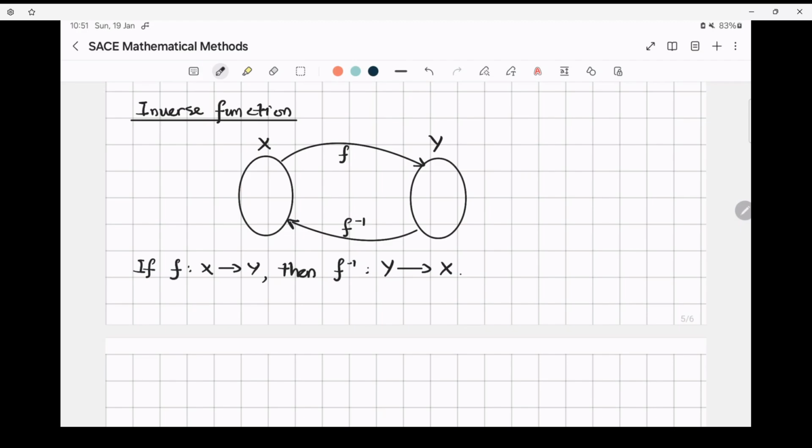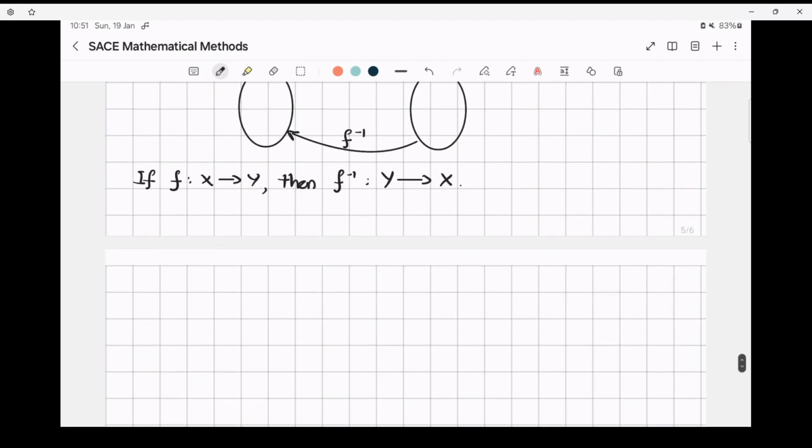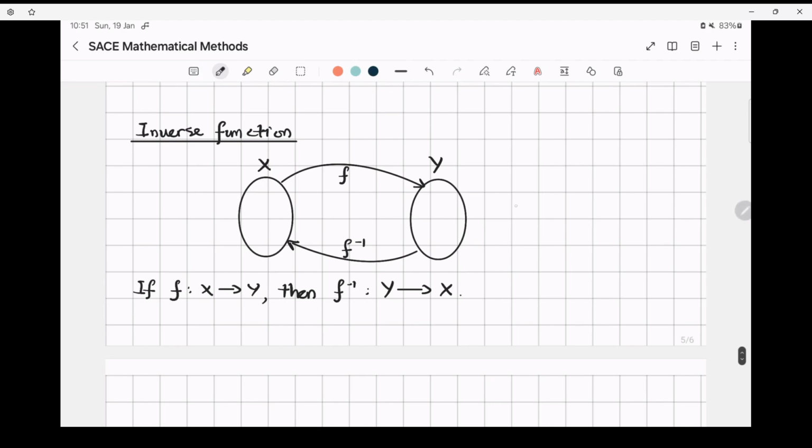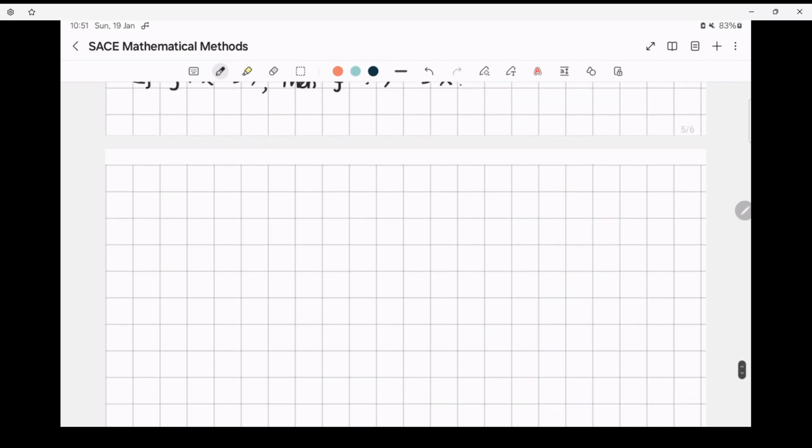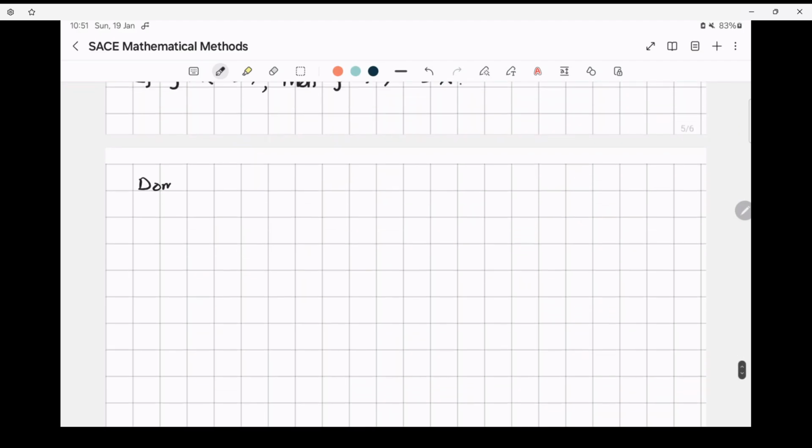So there are things that you need to take note of. The first thing is the domain. This is very important. The domain of f will be the range of f inverse. The range of f will be the domain of f inverse.